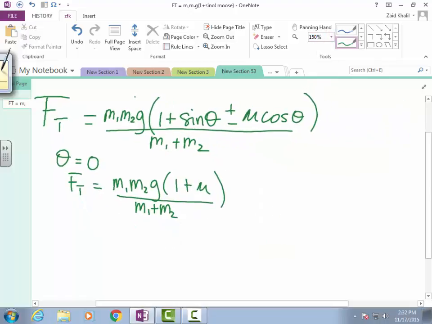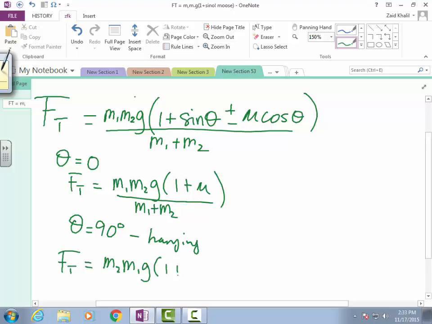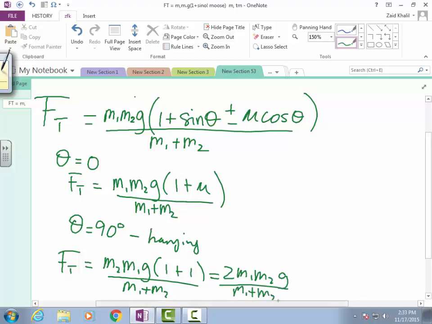What do you get? And so the inclined Atwood is precisely like the entire system.